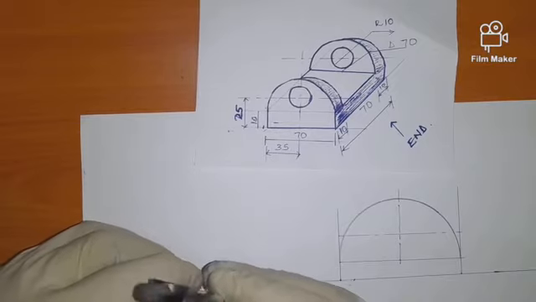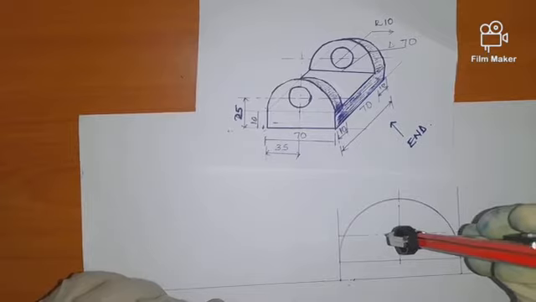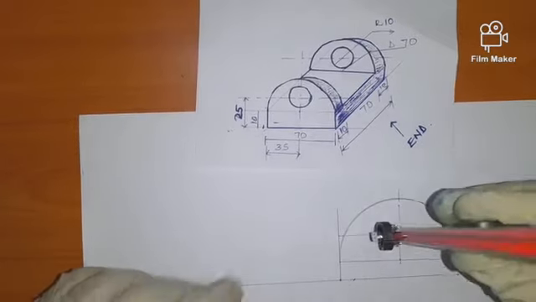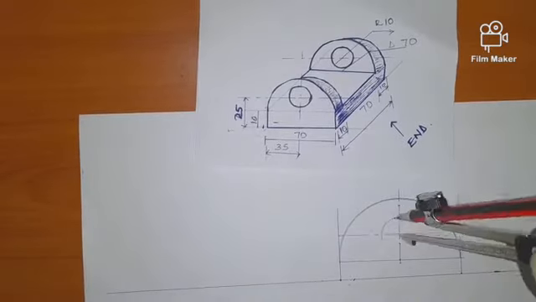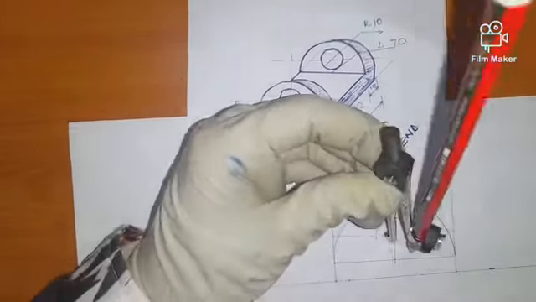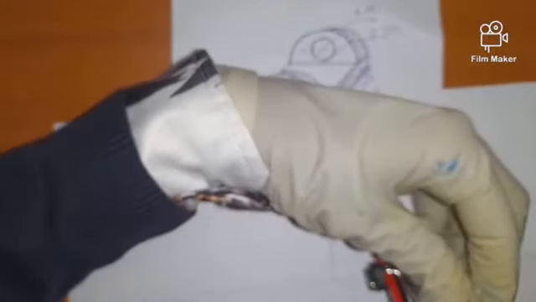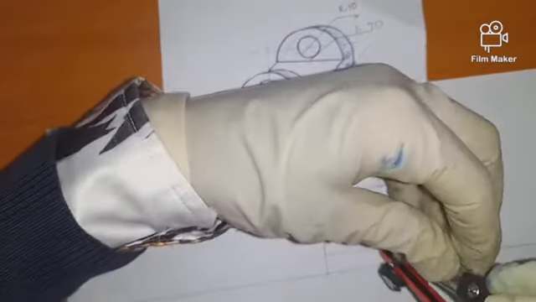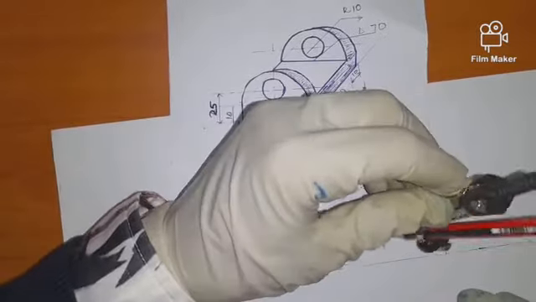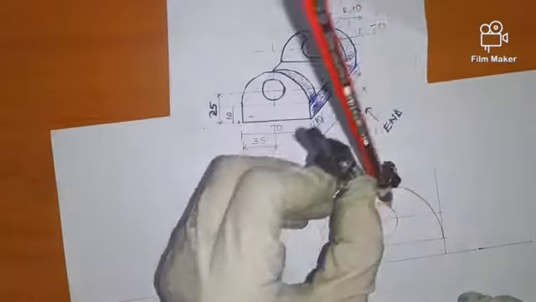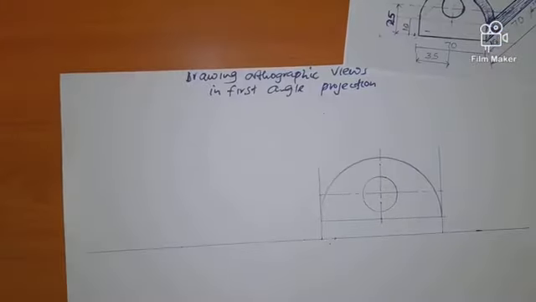And then we draw that circle. We have gotten the center, so we measure 10 and we draw it. We are actually drawing that circle. That measures 10 in radius. So this is the circle. We have drawn it.